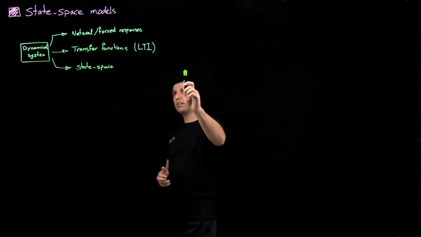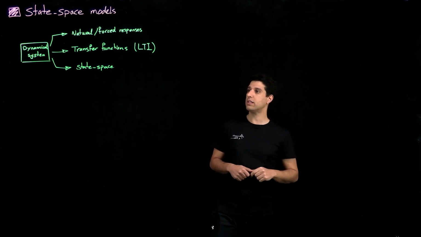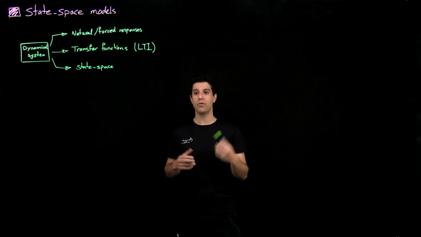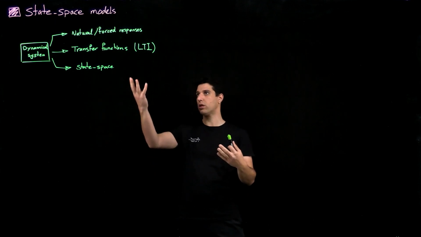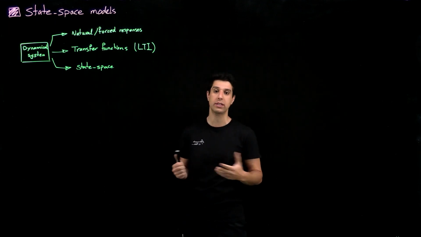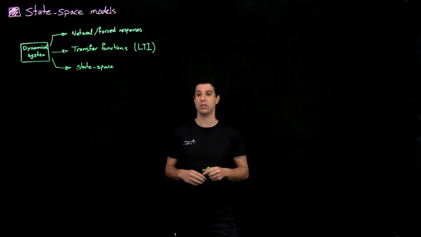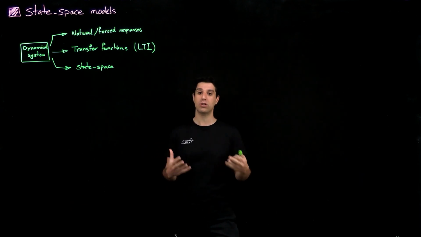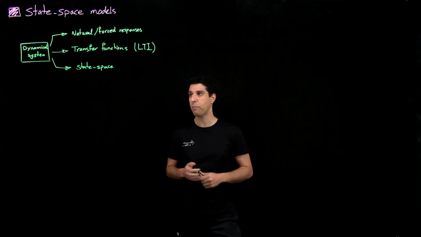That is where state space modeling comes in. Again, it's also a kind of notation. It is nothing extra to what we had before. We are still working with the same dynamical equations of these dynamical systems, but we are introducing a kind of notation that gives us a lot of power.